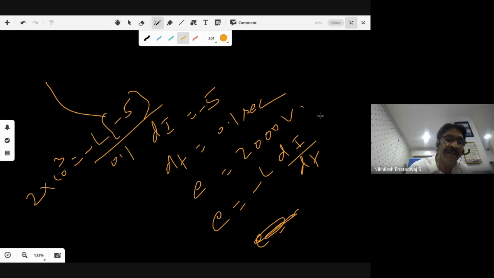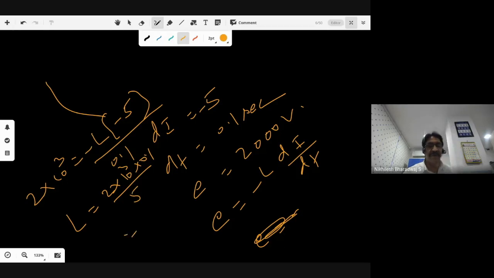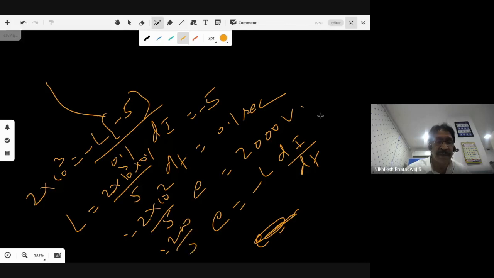Now L is equal to 2 into 10 to the power of 3 into 0.1 by 5. That is 2 into 10 squared by 5, that is 200 by 5, that's nothing but 4000.